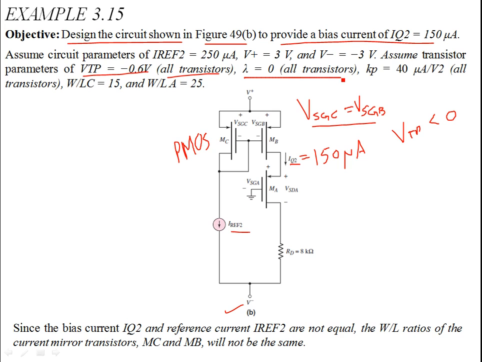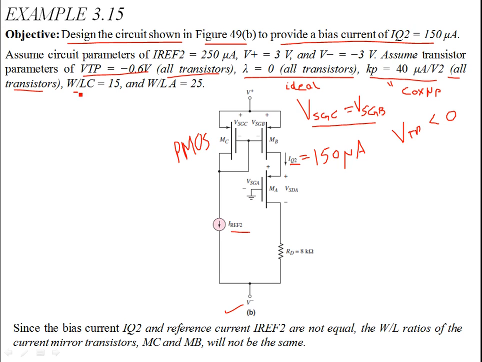The channel length modulation is 0, so you can consider all of the PMOS devices to be ideal. You don't need to consider the output resistance r0 in the saturation region. So these are ideal transistors. Similarly, your process conduction parameter, which consists of the product of the silicon oxide capacitance beneath the gate per unit area multiplied by the mobility of the positive hole carrier, is the same for all transistors.